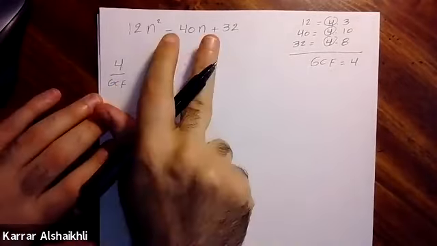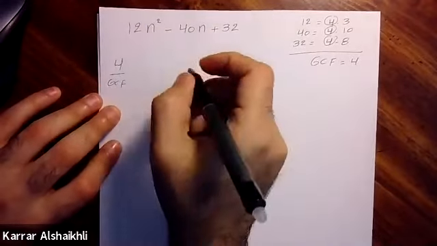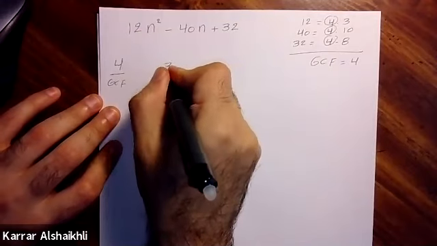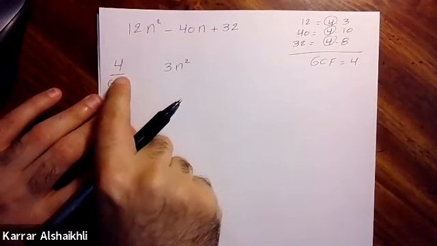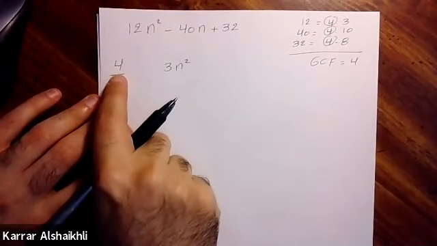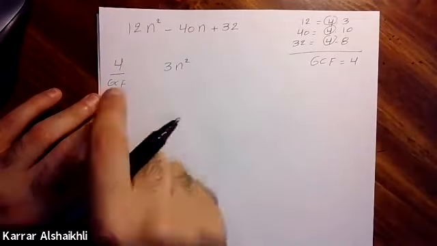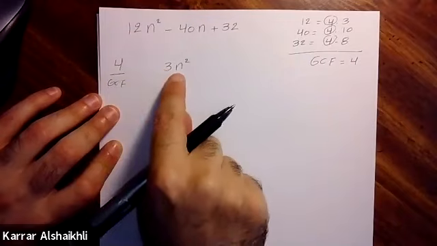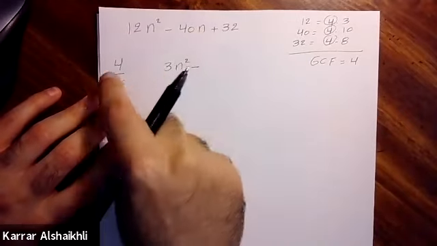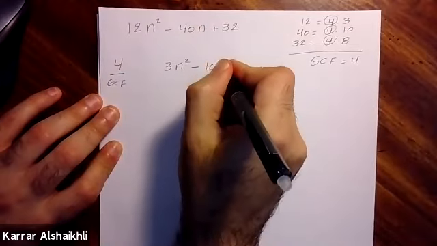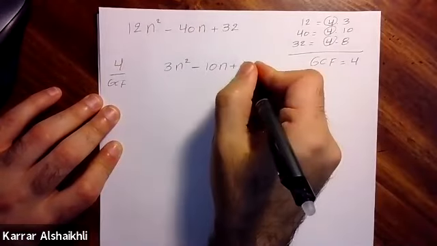And I'm going to start dividing all these numbers by 4. 12 divided by 4 is going to be 3n squared. You see, I put the space here because I'm not gonna do the GCF with the AC method. I'm just gonna keep it here as a part of the solution. 40 divided by 4 is going to be 10n, plus 32 divided by 4 is going to be 8.